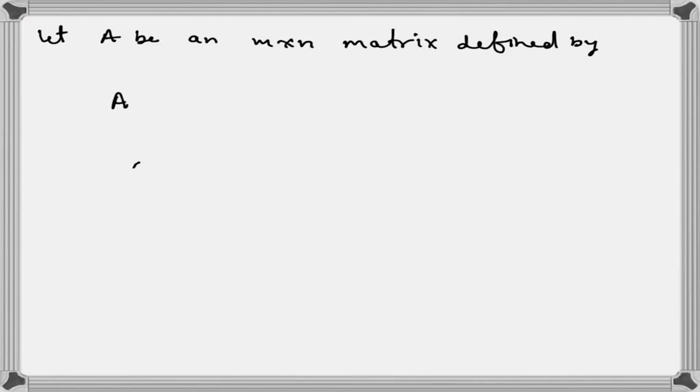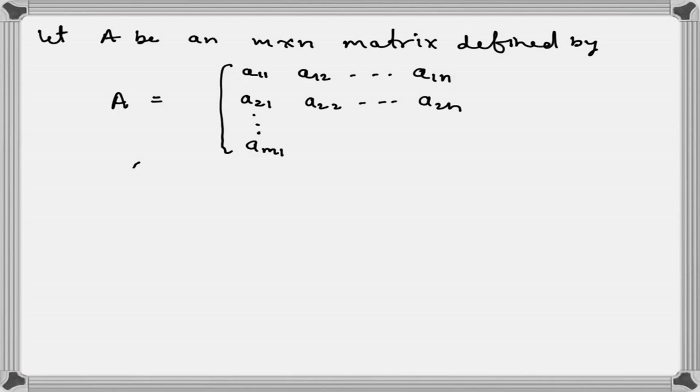Let A be an m cross n matrix defined by A equals A11, A12, A1n, A21, A22, A2n, Am1, Am2, Amn.